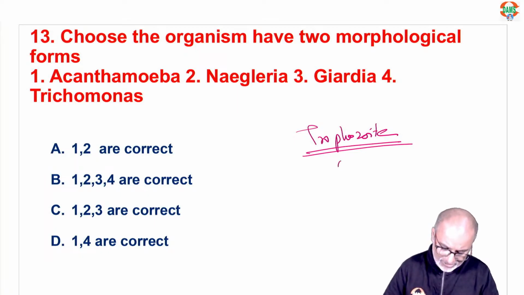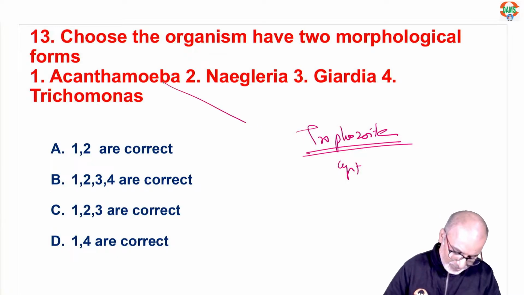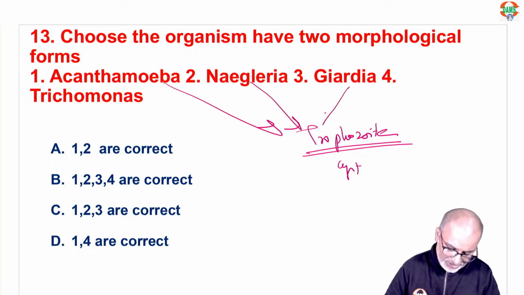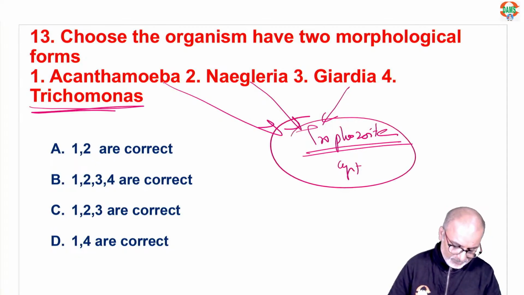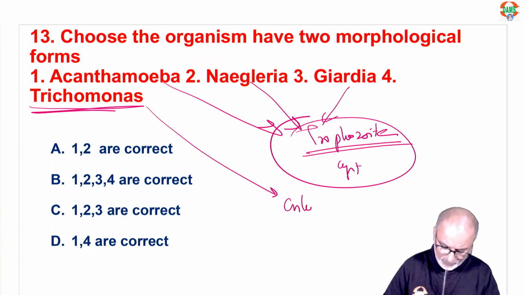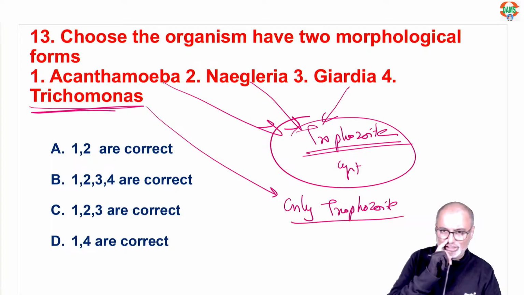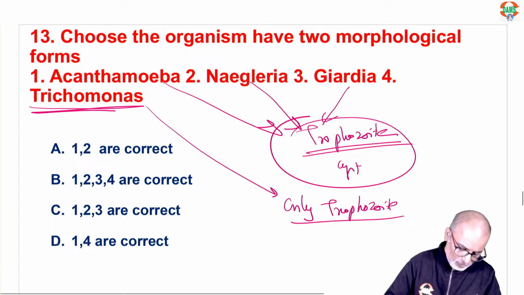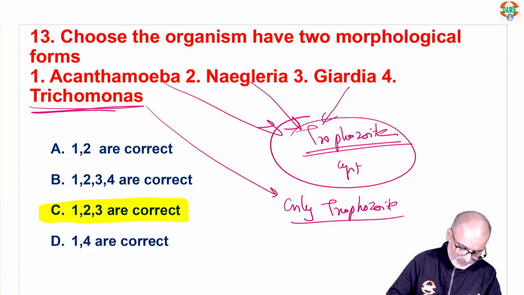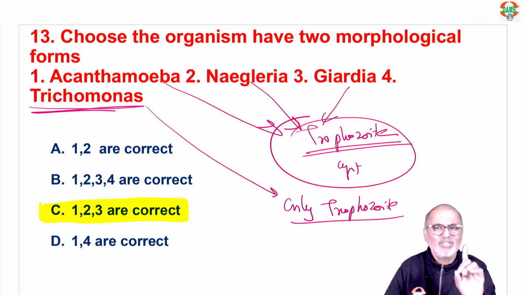Trophozoite and cyst are seen in Acanthamoeba, Naegleria and Giardia, except Trichomonas, because Trichomonas has only trophozoite. So 1, 2, 3 are correct. Basic: Trichomonas has only one form, the trophozoite.